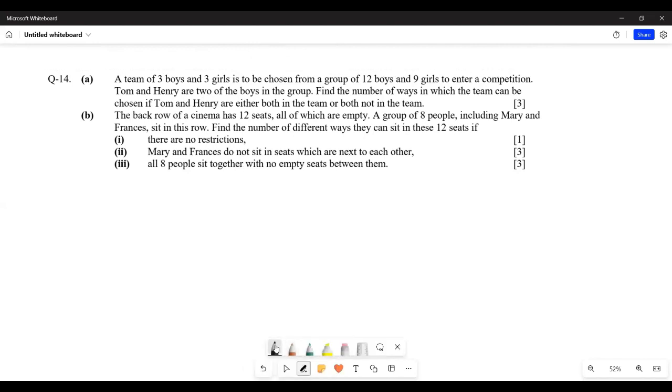So combination. If Tom and Henry are either both in the team or both not in the team. So let's consider the first case, that both are not in the team. So Tom is not in the team and Henry is not in the team. So then we have a team of 3 boys and 3 girls to be chosen.